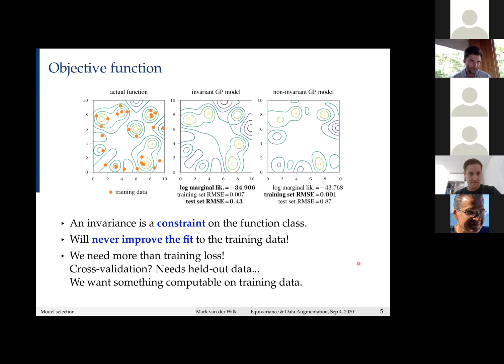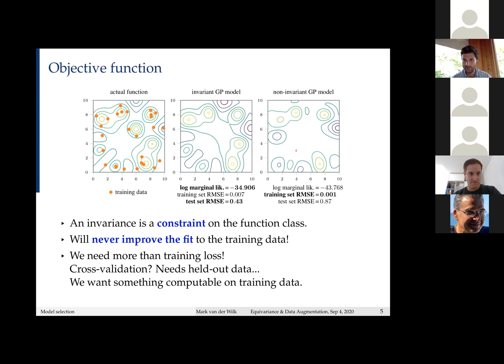To give a bit of an example of what happens when we do try to use the usual training loss, I've got this example here where we're trying to learn a function which is invariant to being flipped across this diagonal line across the input here. I've got two examples: a function which is constrained to have the same invariance as the function we're trying to learn, and one particular model which is not constrained to be invariant at all.